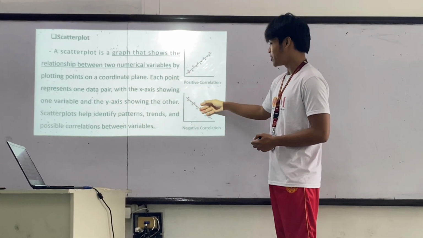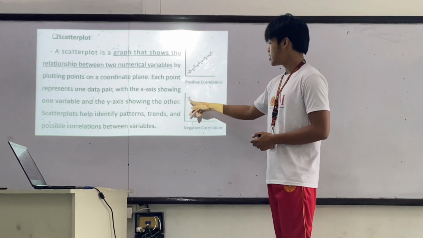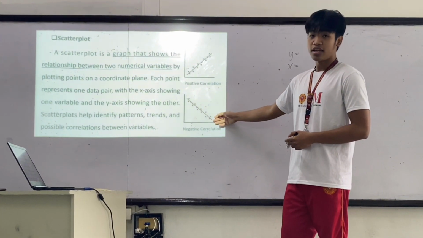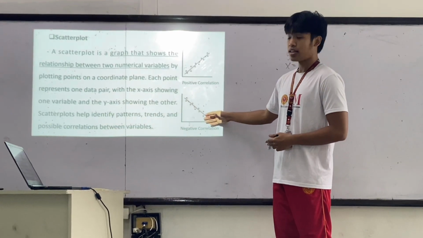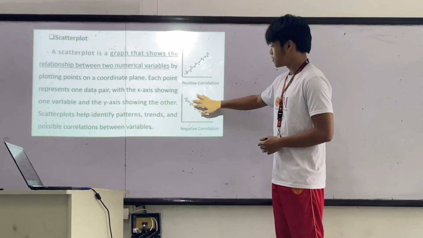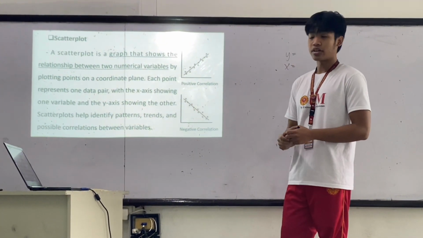The scatter plot below is descending, meaning that it indicates a negative correlation. But not only that, since the points themselves are near the line, it indicates a high negative correlation.